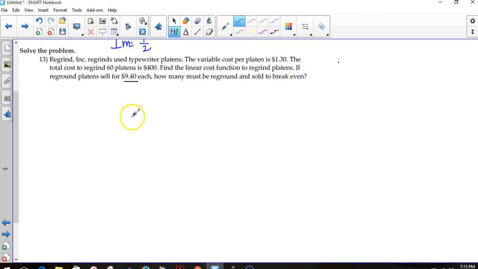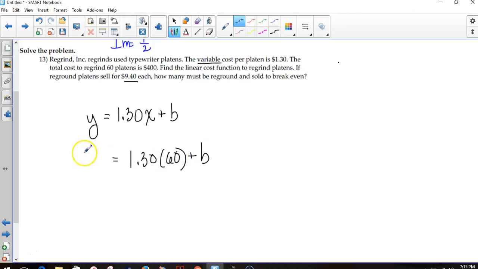And so I have a couple of things I need to do here. It costs me $1.30 to regrind each platen. Now that's the variable cost. What's a little sneaky is they don't tell you the constant cost. So I'm going to put that in as b, and that's y. I know if I regrind 60 of these, it's going to cost me $400.